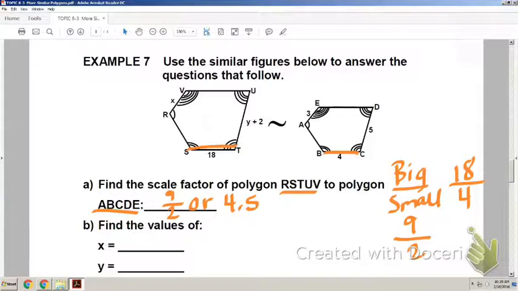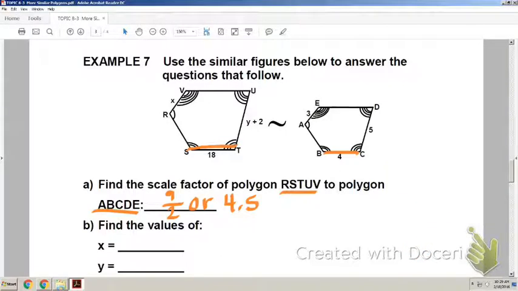Now let's use proportions to solve for x and y. We already found the scale factor, so we know how these two are different scales. To find x, I'm just going to take my side length for x and write it as a ratio to its corresponding side on the smaller polygon, which is 3. So x over 3 equals, and I'm just going to set it equal to the scale factor because I already did 18 over 4, which is 9/2. All I did was set up a proportion, because if these are similar polygons, then they're proportional in size.